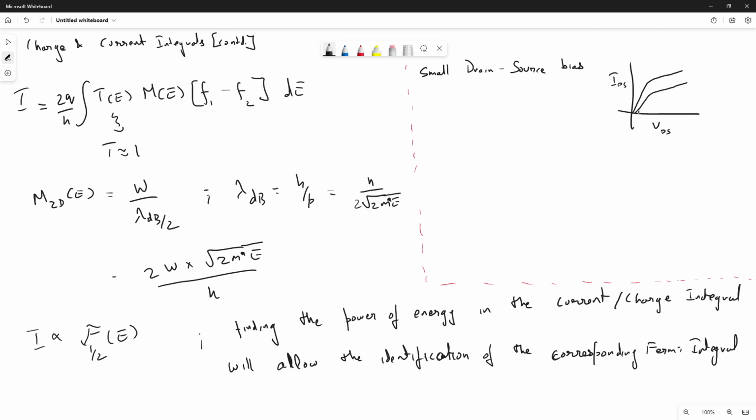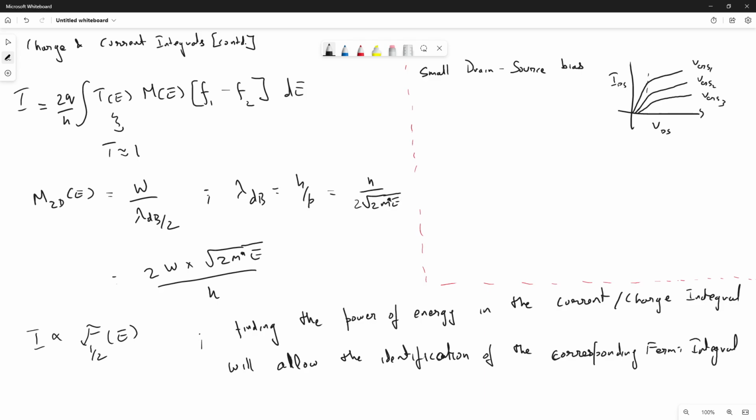Yes, sir. Okay. So now it will be like this. So this is like different VGS. So VGS1, VGS2, VGS3. So VDS is increasing in this direction.